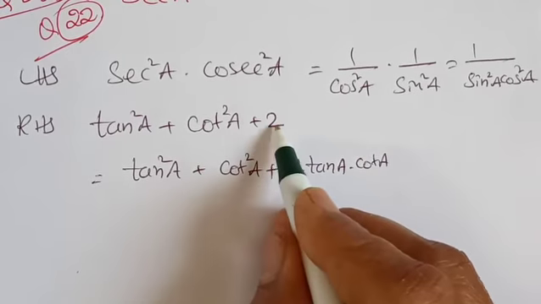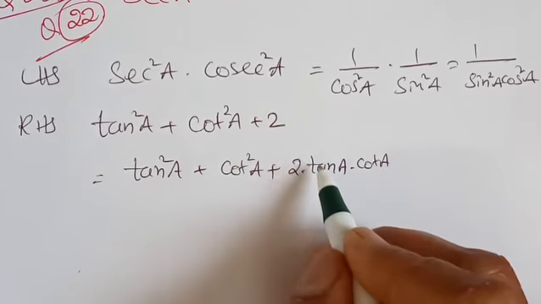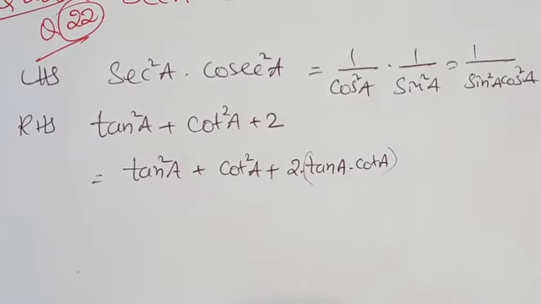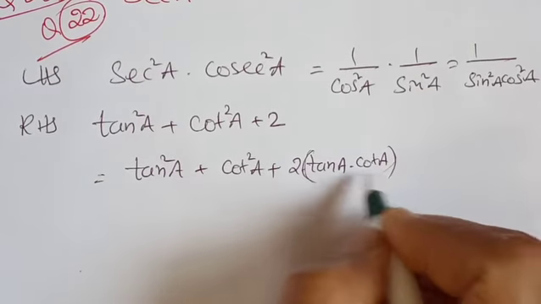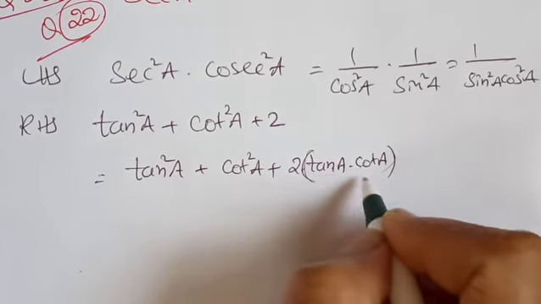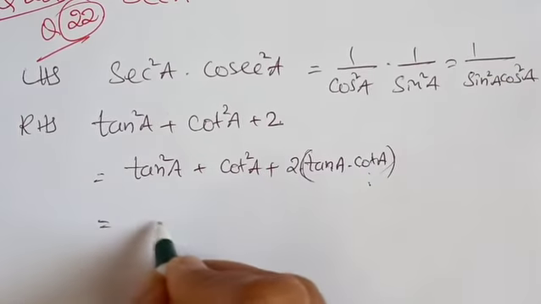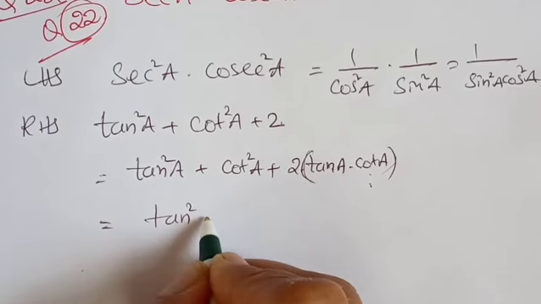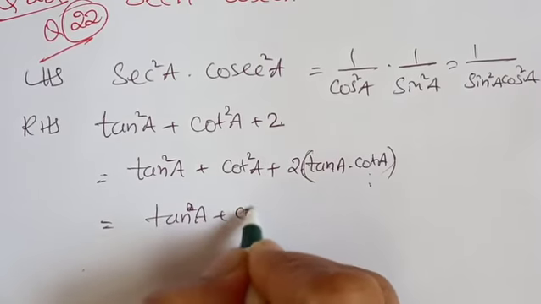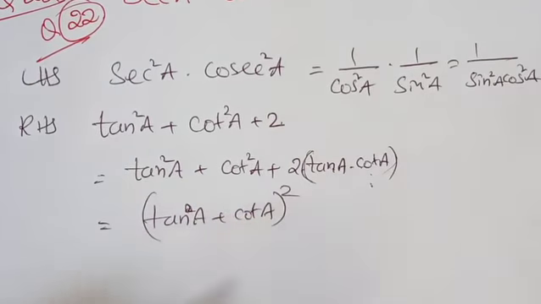This 2 can be written in this form because tan A into 1 by tan A, tan cancels, so 2 into 1 is left. So this one I am going to convert into tan A plus cot A whole square.